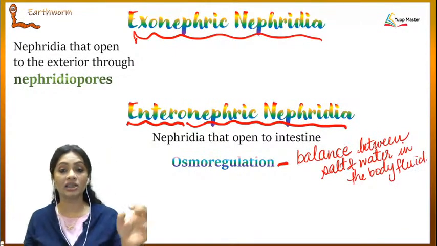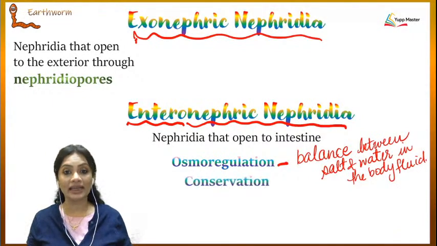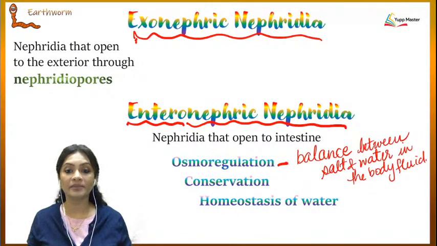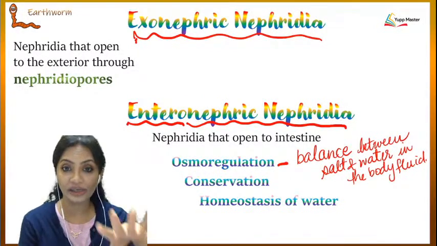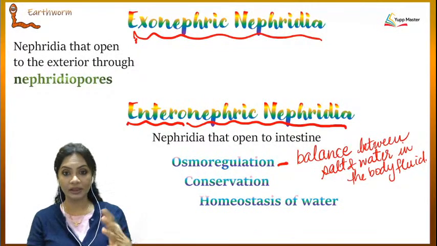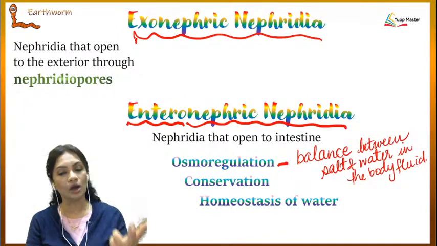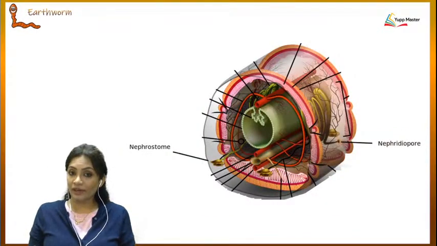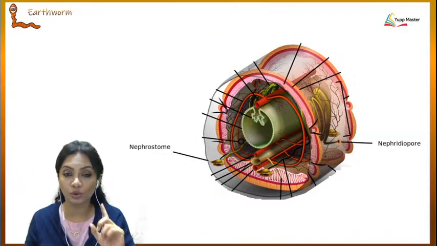Second, it helps in conservation of water, and third, it helps in homeostasis of water in the body. So these enteronephric nephridia are helping the earthworm for osmoregulation, conservation and homeostasis of water. Alright. So we saw two types of nephridia based upon where their secretions are thrown out.